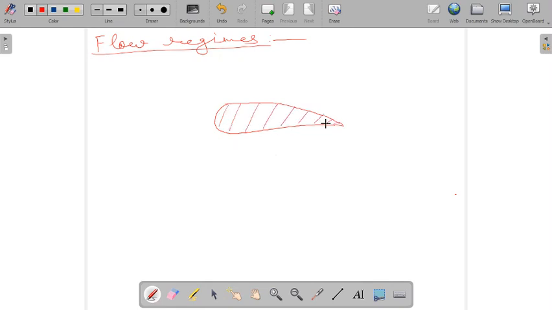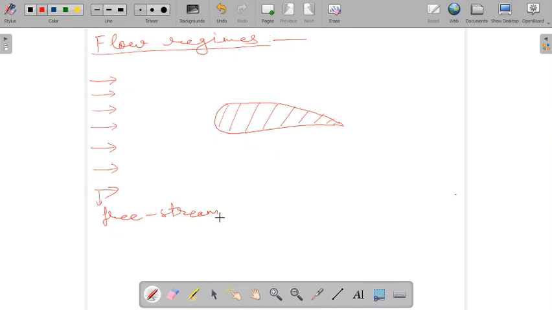Now, let's say at a sufficient distance far from the airfoil I have this flow over here. A sufficient distance away from the airfoil is what is called the free stream. Typically any parameter which we specify for the free stream is given with subscript infinity.